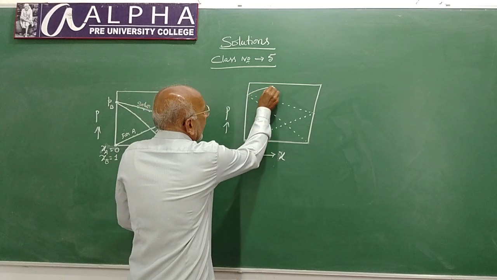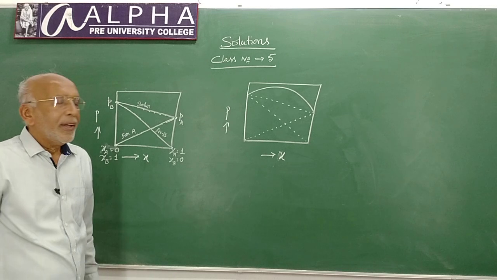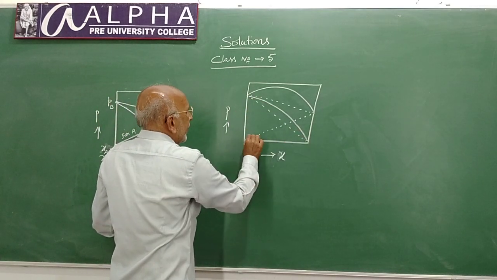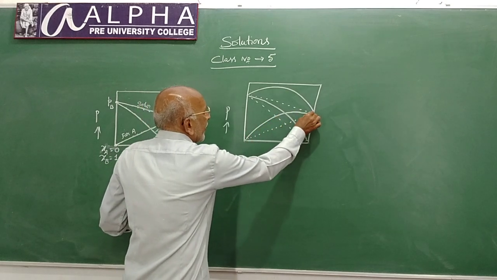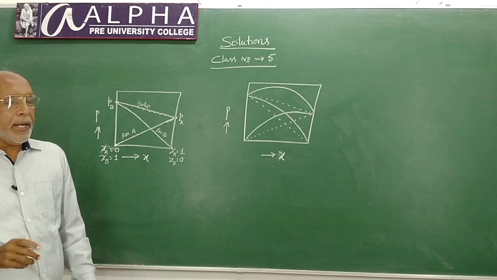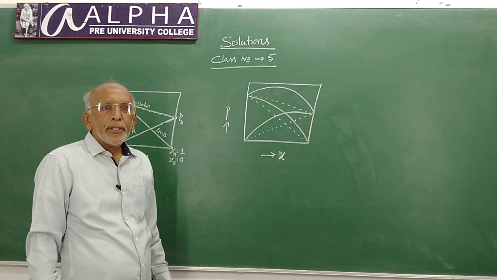It is something like this. The plot will be like this. And of course, the constituent liquids are like this. Single stroke lines are for the non-ideal solution, dotted lines for the ideal solution.